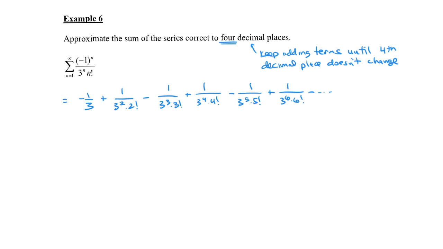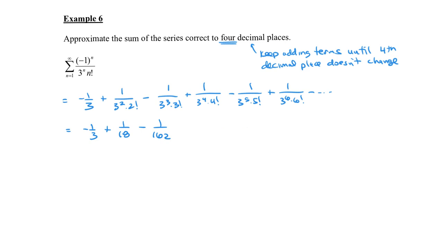Okay, so what we've got here, negative 1/3 plus 1 over 18 minus 1 over 162. I'm just letting the calculator do the work here on these. And then plus 1 over 1944. So 4 decimal places.